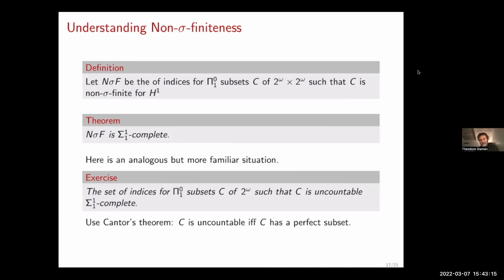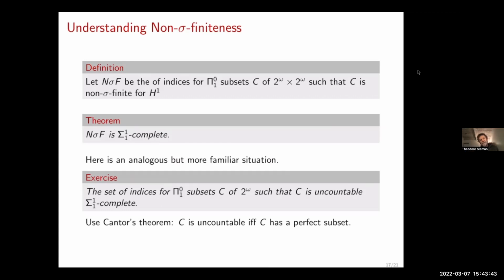And being uncountable, a closed set is uncountable. You don't need that universal quantifier. It is actually an existential property. A closed set is uncountable if and only if it has a perfect subset. So that's Cantor's theorem. Until now, I never thought of Cantor's theorem as improving the index set calculation, but it certainly does.